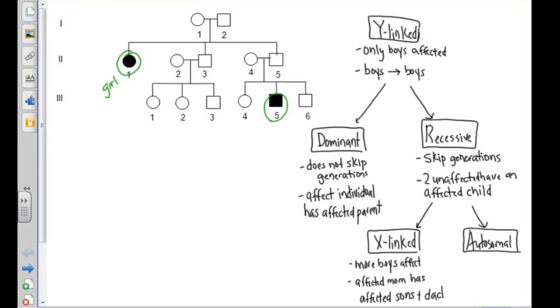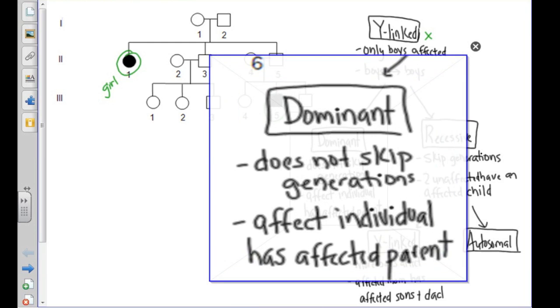So because our trait is not Y-linked, we then move on to determine whether the pedigree shows a dominant or recessive mode of inheritance. Don't forget that a dominant mode of inheritance usually does not skip generations, and if an individual is affected, they have to have at least one affected parent.